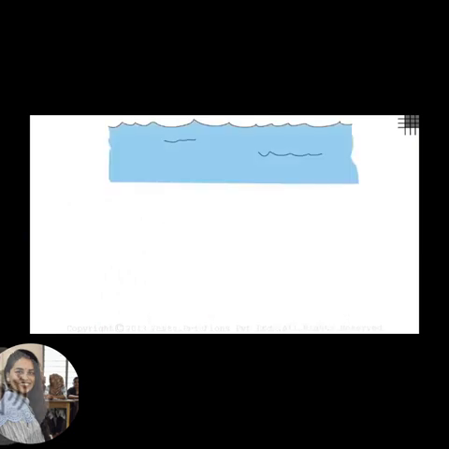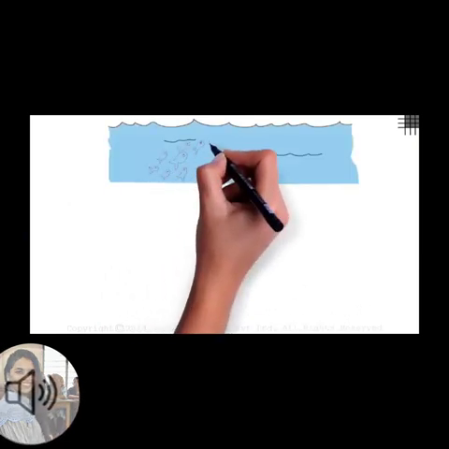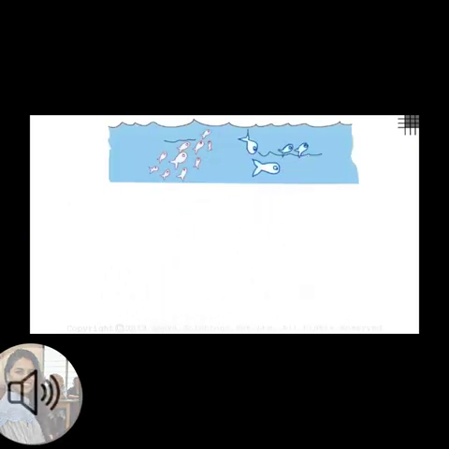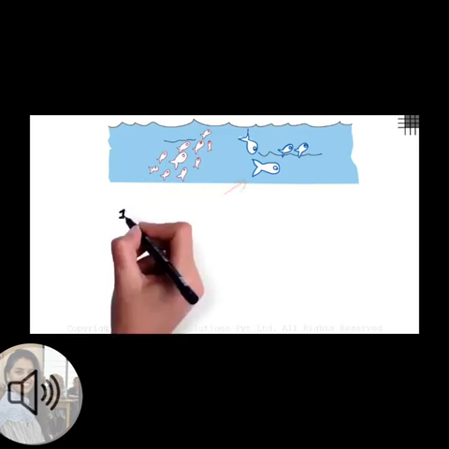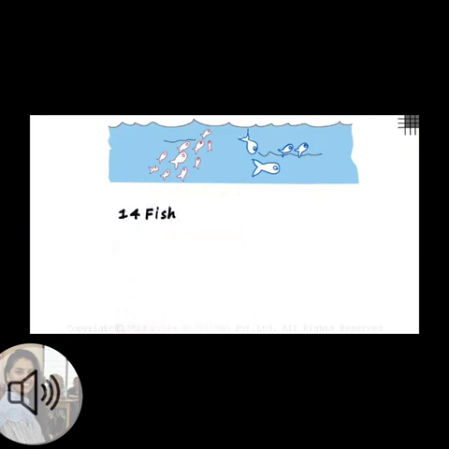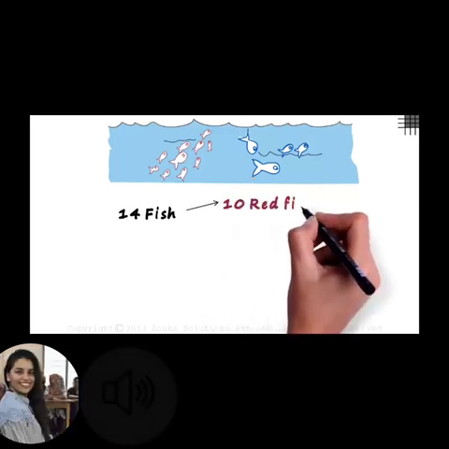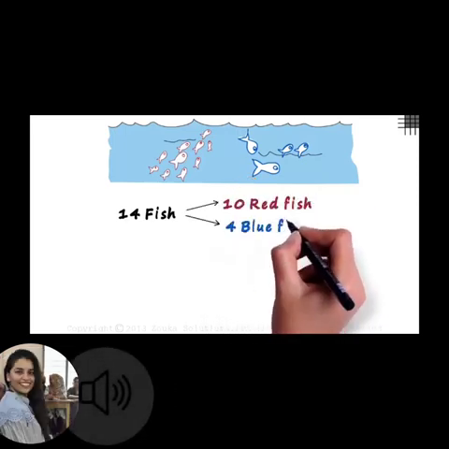Let's discuss the types of ratios. There are 2 main types of ratio. To understand the types of ratio, look at the pond, which has 2 kinds of fish, the red fish and the blue fish. There are 14 fish in total: 10 red fish and 4 blue fish.